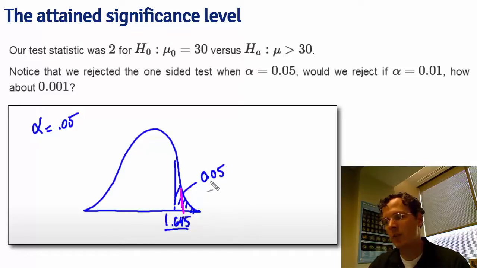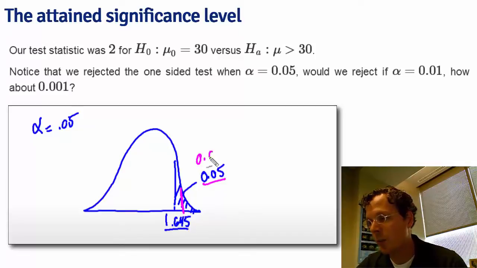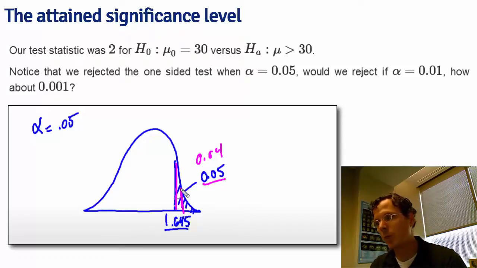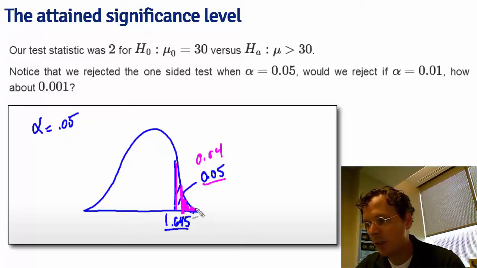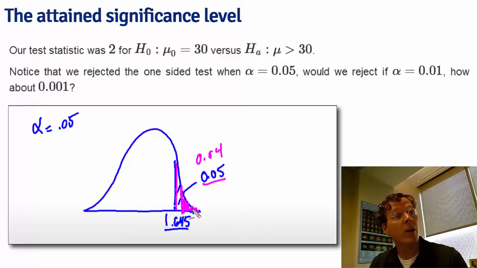Now imagine if instead of 0.05, we used 0.04. Then we would have another line that was a little bit closer than 1.645. What if we were to find the exact error rate where the line fell exactly on 2? That would simply be calculating the probability of 2 or larger, and that's nothing other than the p-value.